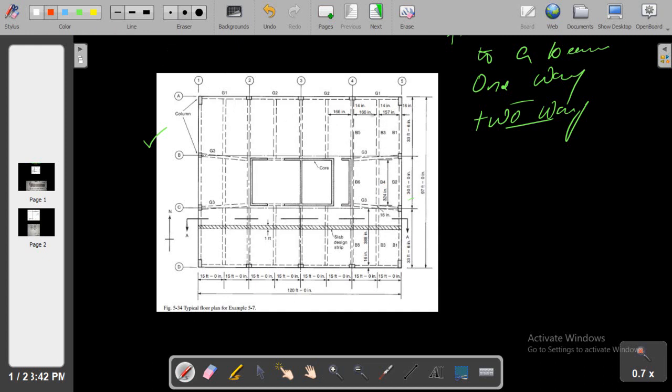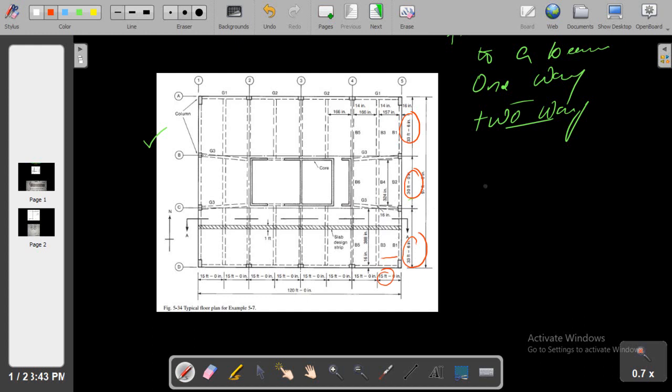But let me discuss the one-way slab system. Here you can see the span is 33 feet 6 inches, here it is 30 feet, and here it is 33.5 feet. But the shorter side is 15 feet.